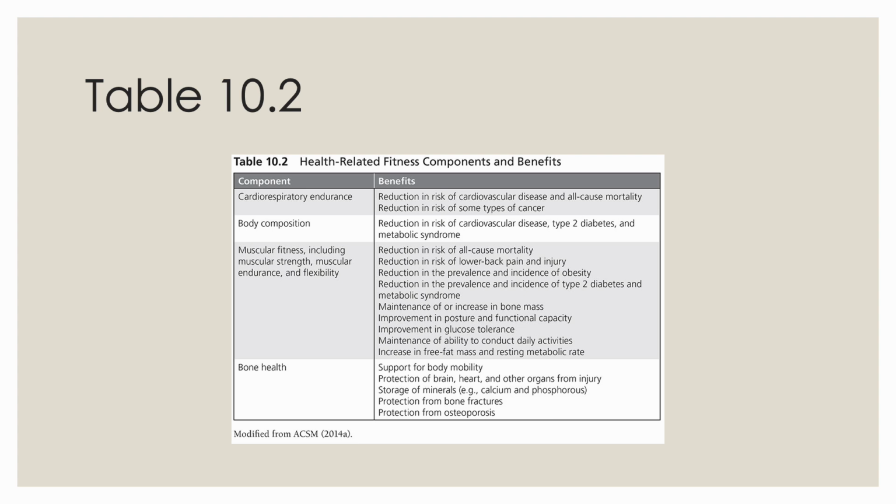Table 10.2 highlights the health-related fitness components and benefits. So as a reminder, the components of health-related fitness include cardiorespiratory endurance, body composition, muscular fitness, and bone health. And then we can see the associated benefits with those health-related fitness components.